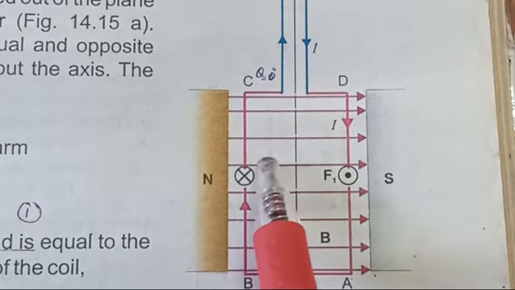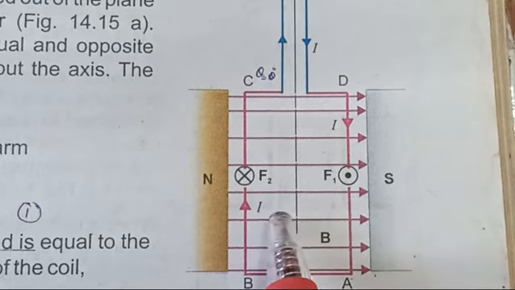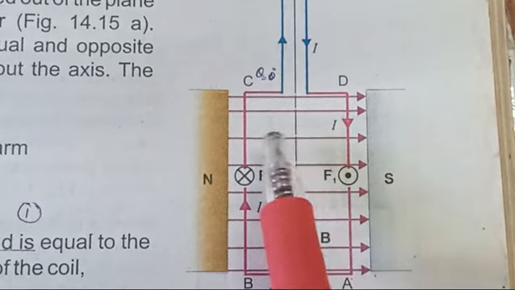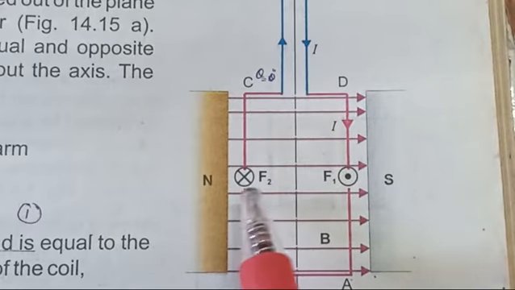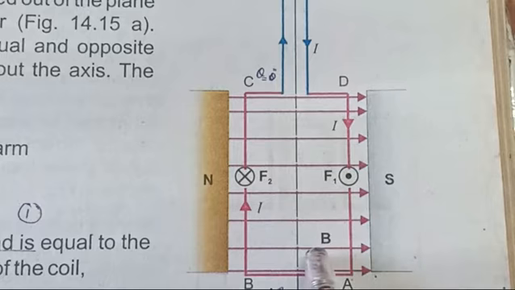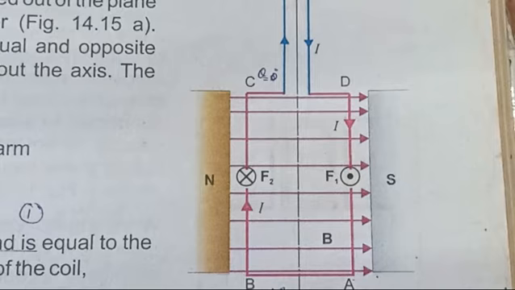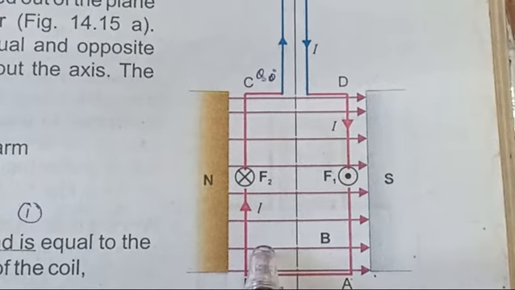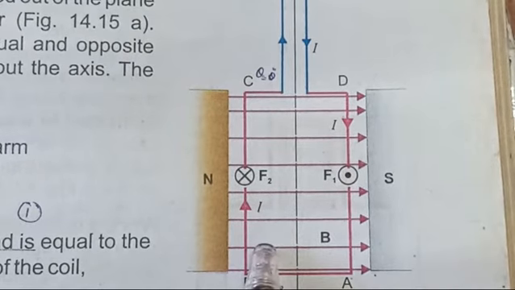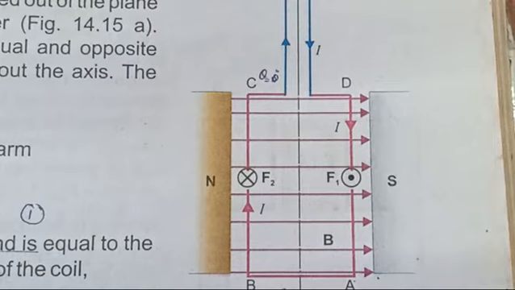So the force that this current carrying coil will experience is ILB sin theta, right? Where theta is the angle between the length of the conductor and the field, between L and B, as we discussed in detail in the last topic.